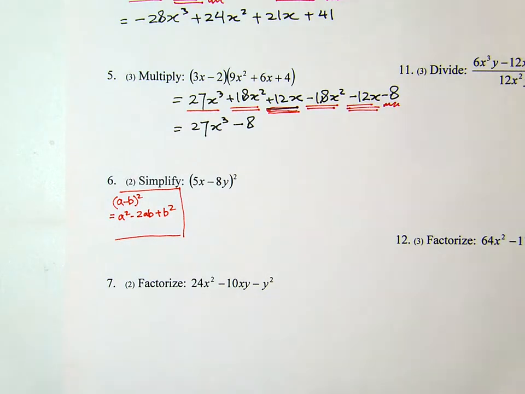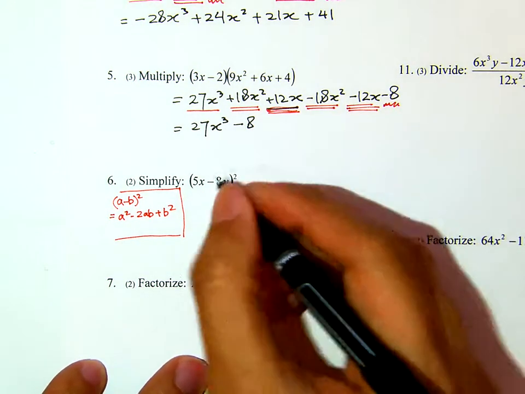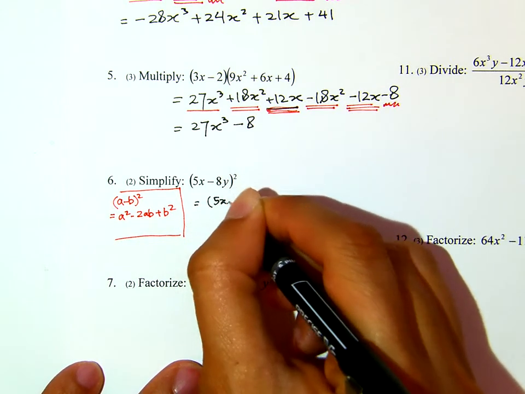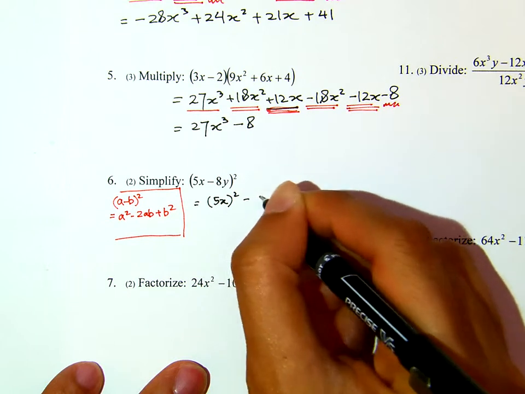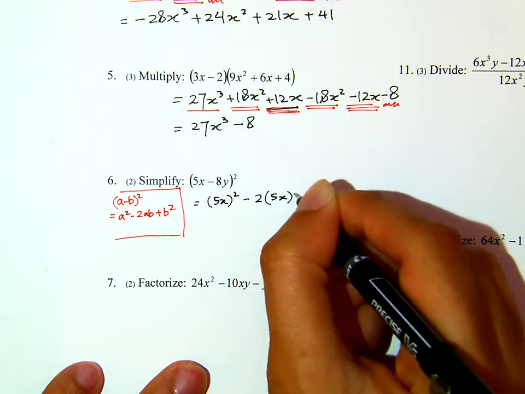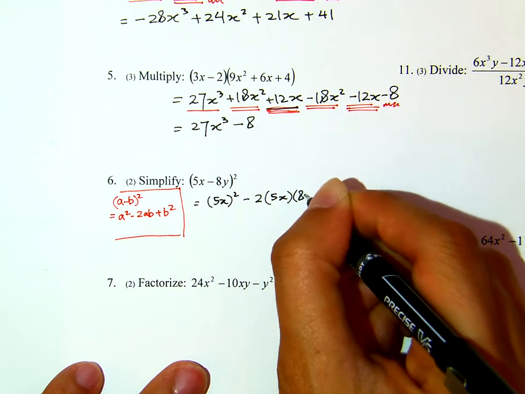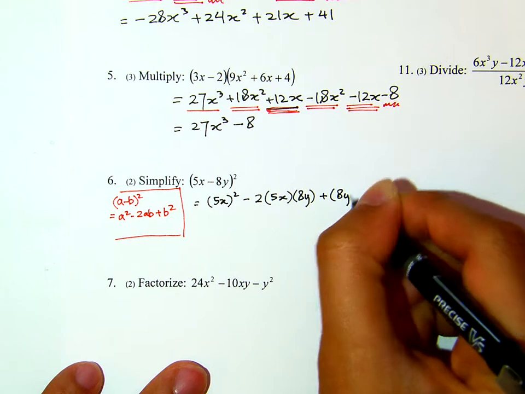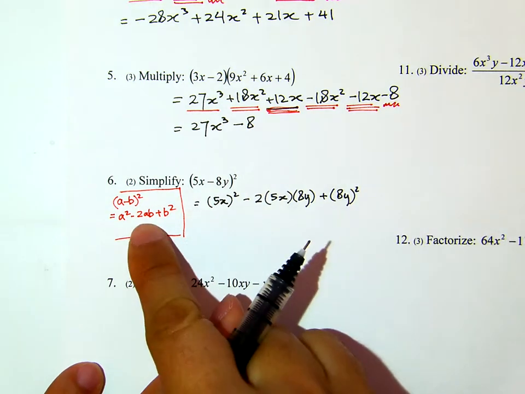Okay? Now, so when you do the expansion of this, it will be 5x being squared minus 2 times a times b plus b squared, following the pattern there.